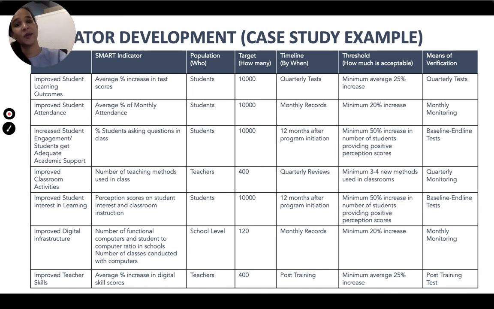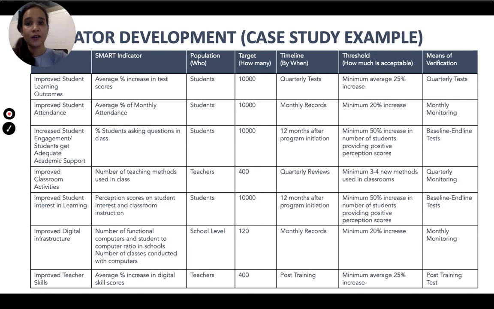It could also many times be the target for the kind of increase you need. But here we've taken a threshold of a minimum average 25% increase. And we've also identified the means of verification. When are we going to look at this data? How are we going to look at this data? This is going to be done through the quarterly tests.